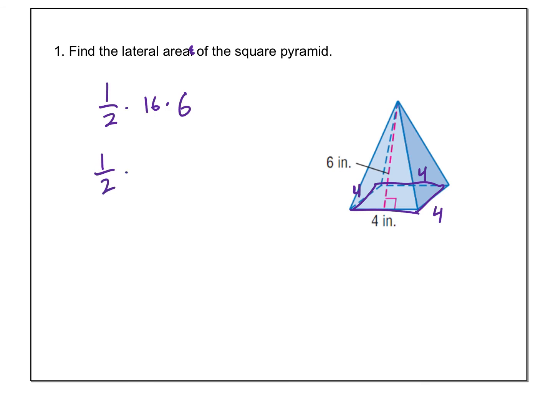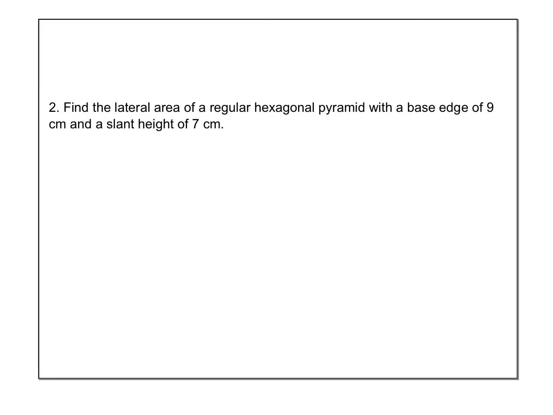So 16 times 6 is 96, divided by 2 gives me 48. So my lateral area is going to be 48 inches squared. Now remember, that's just triangles, no base.